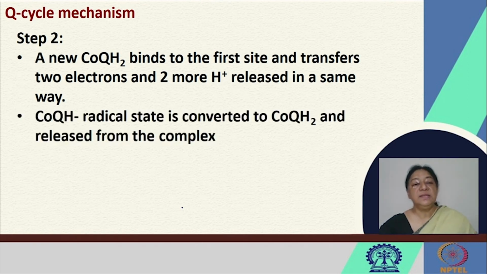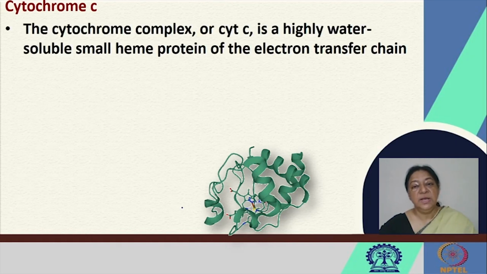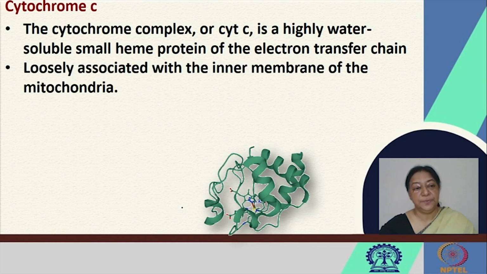Now, given that this course is rather related to protein chemistry, I would expect an idea related to the membrane proteins involved here and their activity. So the cytochrome C protein is a water-soluble small heme protein of the electron transfer chain.